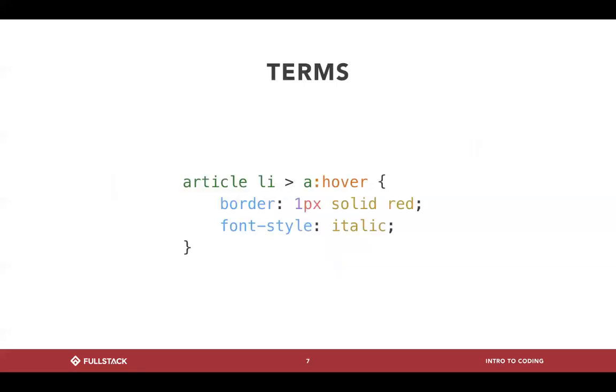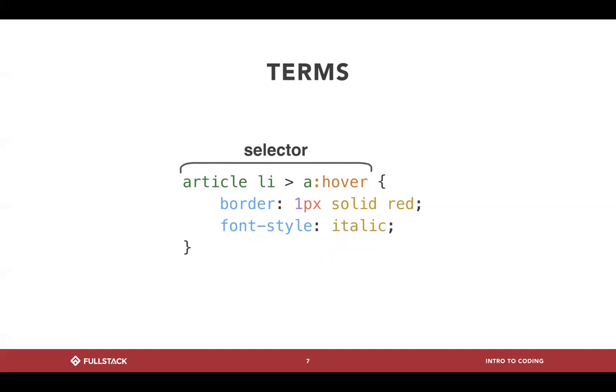So here are the terms that we're going to go over. On the outside, the whole thing is a rule, right? The whole block of this is a rule. We have our selector, which is a set of tags and symbols, as well as classes and IDs you can put in here.